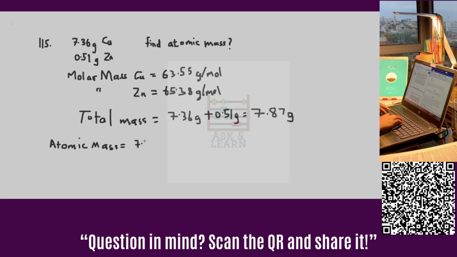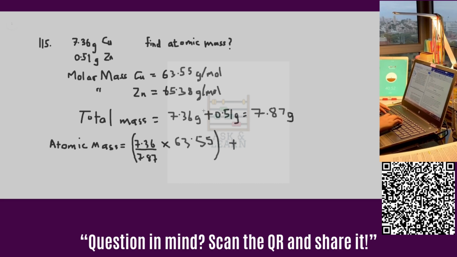We have 7.36. I'm going to ignore the units until the final answer. So 7.36 grams, and the total mass is 7.87, right? So that's the ratio of copper we have present in this sample. And so that's copper. We then multiply by the molar mass of copper here, which is 63.55. So that should give us the atomic mass contribution of copper.